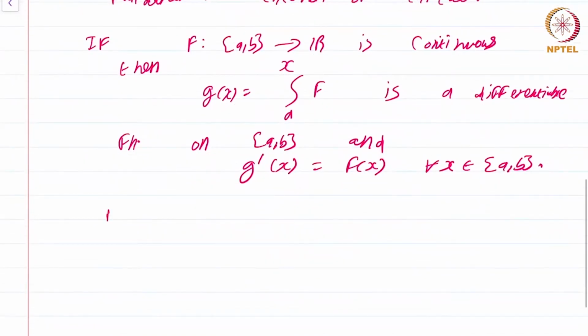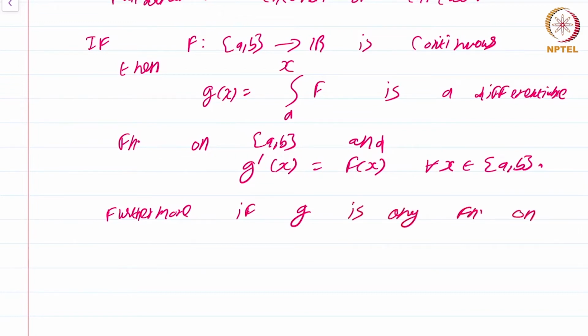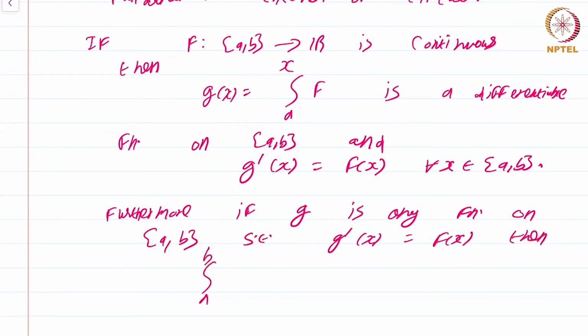Furthermore, if g is any function on closed interval [a,b] such that g prime of x is equal to f of x, then the integral from a to b of f is nothing but g of b minus g of a.